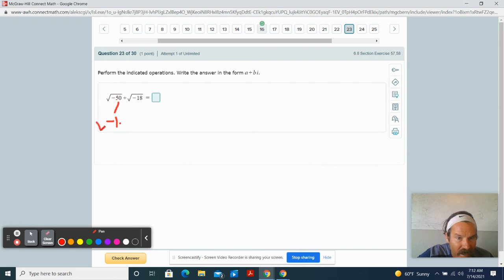And then I'm just going to do negative 50 first. 50 is 25 times 2. So the negative is going to come out as an i. The 25 is going to come out as a 5. And the 2 is left inside. Okay, so that's the first part.